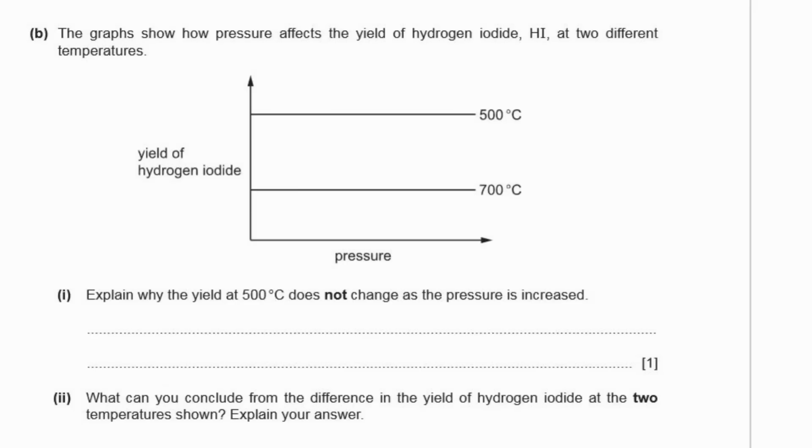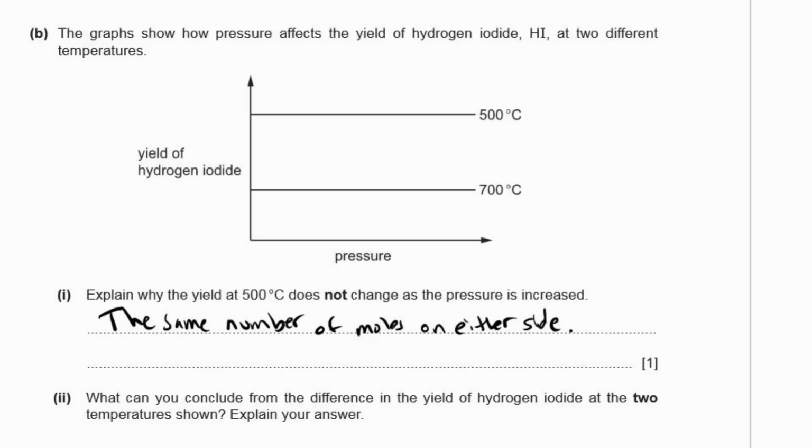B. The graphs show how pressure affects the yield of hydrogen iodide, HI, at 2 different temperatures. Explain why the yield at 500 degrees Celsius does not change as the pressure is increased. The reason is because there's the same number of moles on either side.